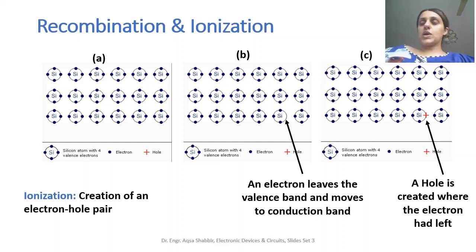Now I will revise once again. What is ionization? You must note that ionization is a process that is always taking place inside a semiconductor at various locations. It is basically the creation of an electron-hole pair, where a valence electron leaves its place inside the valence shell, and when an electron has left, due to thermal excitation, in place of it an empty hole or an empty vacancy is created.